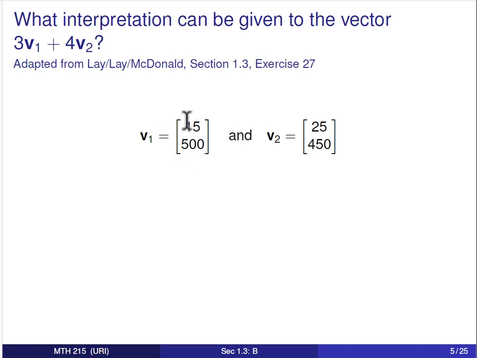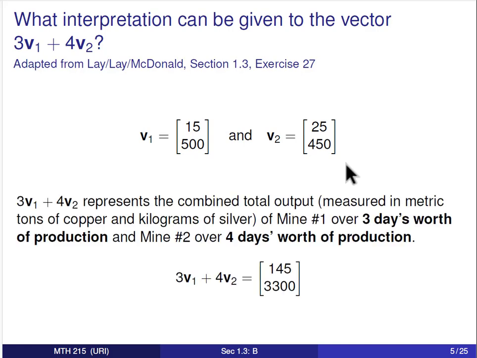If all you're doing is multiplying the coordinates by 3, that should give us about the amounts produced over 3 days. Similarly, 4v2, if we multiply both the coordinates by 4, should give us roughly the average production of copper and silver in mine 2 over 4 days. And so adding them together, we get the combined total output, measured in metric tons of copper and kilograms of silver, of mine number 1 over 3 days' worth of production, and mine number 2 over 4 days' worth of production.